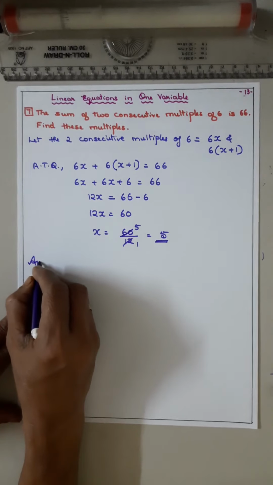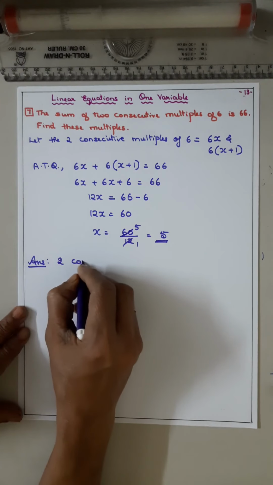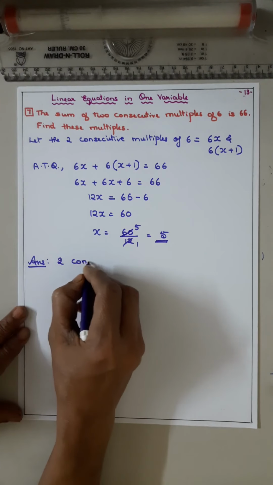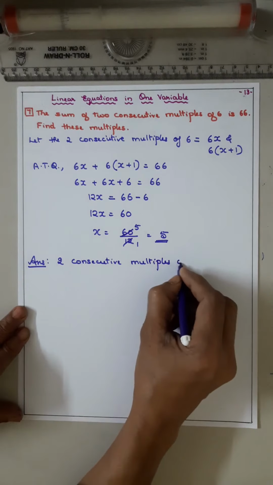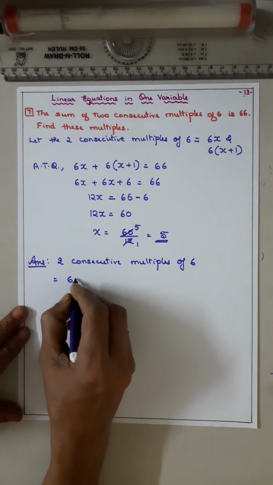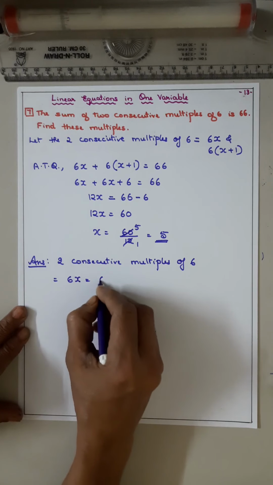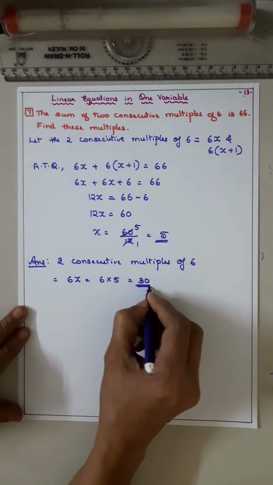But what is the answer? The two consecutive multiples of 6: first is 6x, that is 6 into 5 is equal to 30.